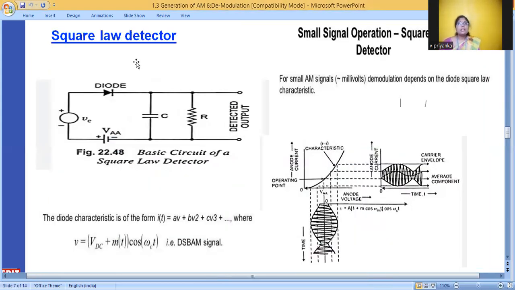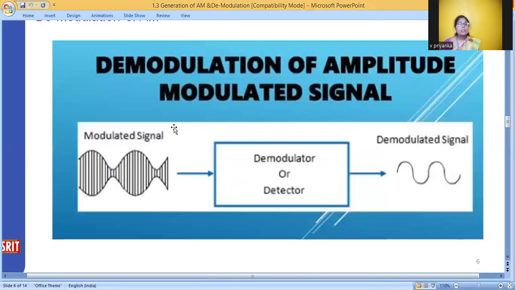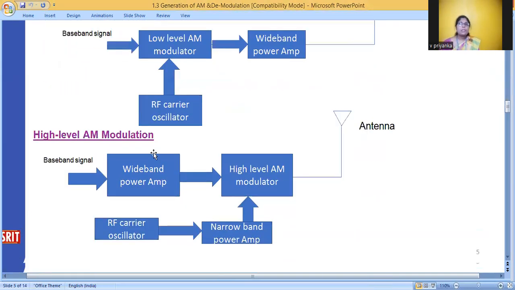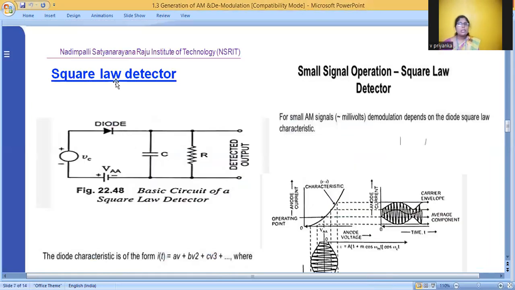Next, the square law detector. The square law detector is an example of low level amplitude modulation. In low level amplitude modulation, we are using the square law detector, also known as small signal operation square law detector.